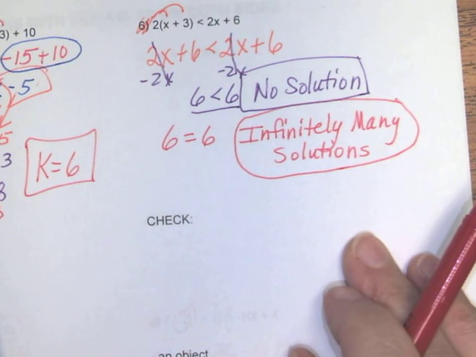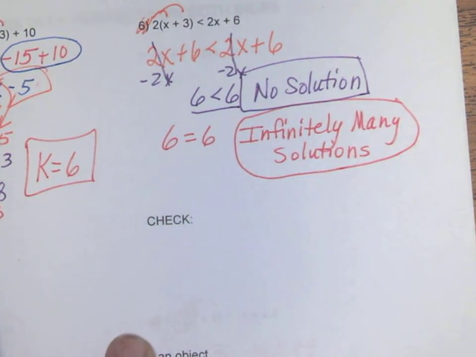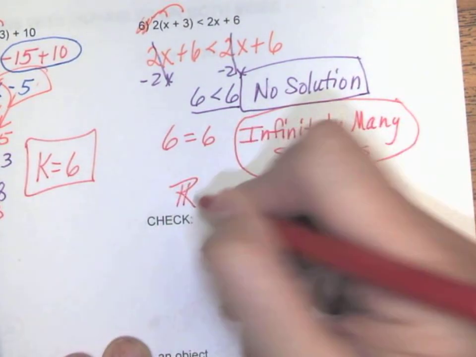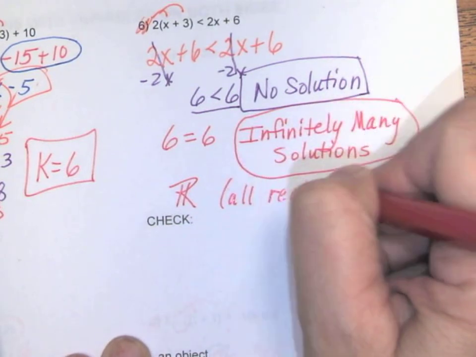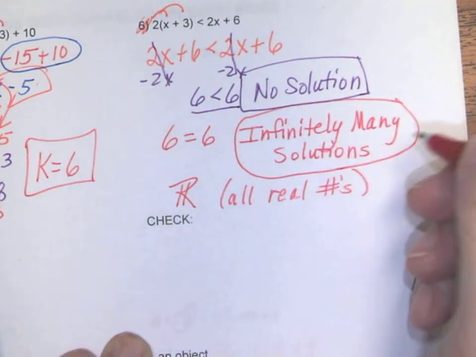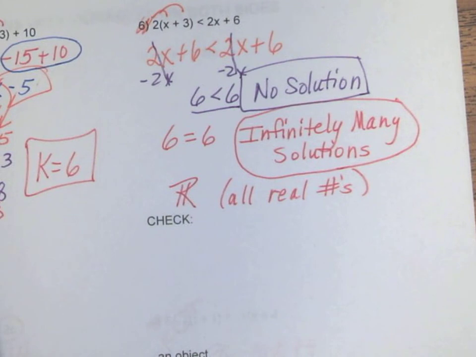So we have infinitely many solutions. You also might see this as a big funky looking R. That means all real numbers. That's another possibility you might see for this special case. There are imaginary numbers in math, but you will not learn them until Algebra 2. So that's why we say all real numbers.